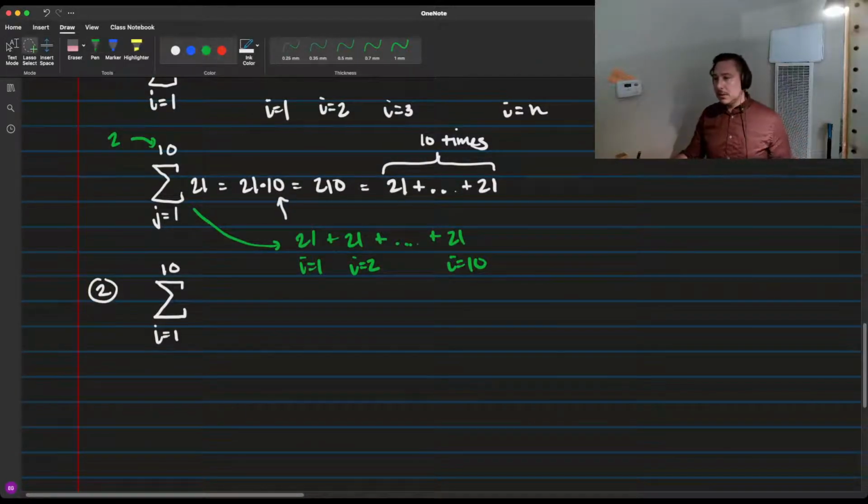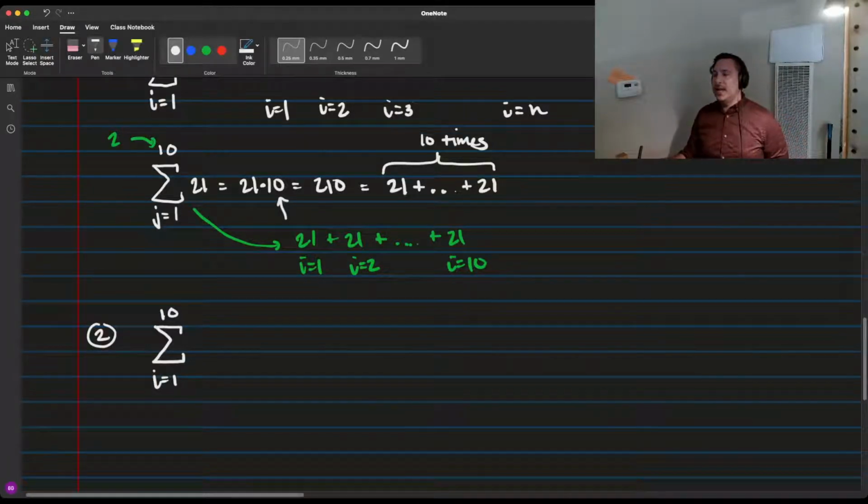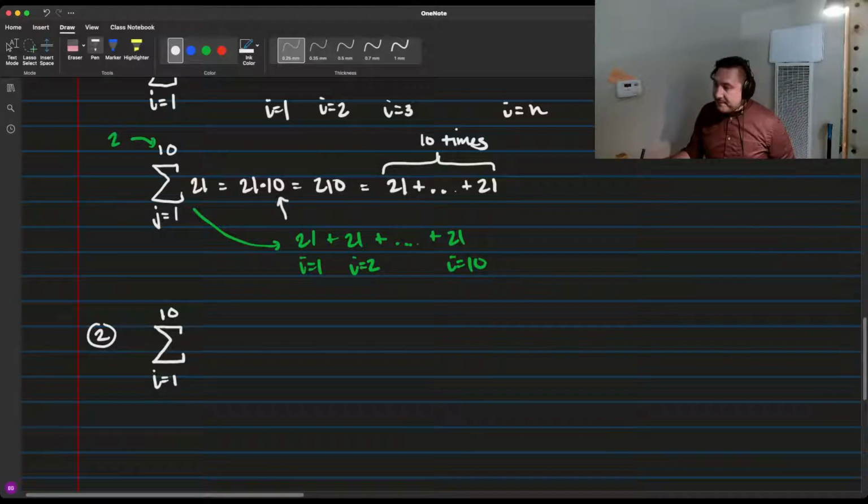Okay. Just move this down a little. Okay, so for this example, we have the sigma notation, i equals 1 to 10, and let's put 5 times i.